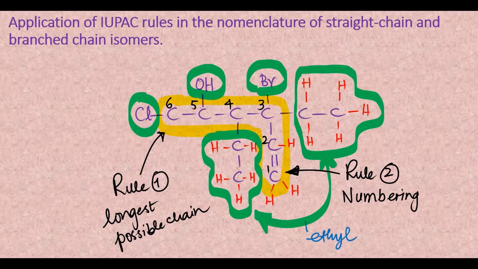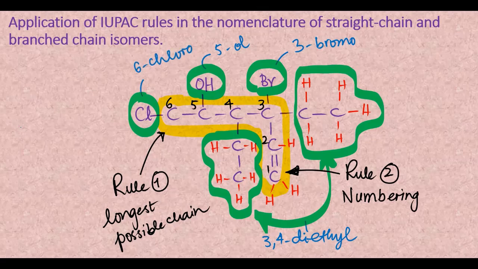As there are 2, we should be calling them diethyl, and we should mention the number of carbon atoms. It's 3,4-diethyl. Carbon number 3 is having a bromo, so it's a 3-bromo. Carbon number 5 is having an ol, so it is a 5-ol. And carbon number 6 is having a chloro, so this is 6-chloro.